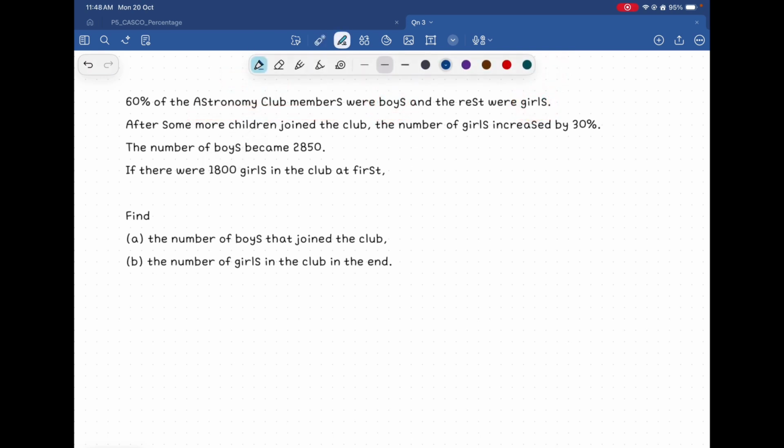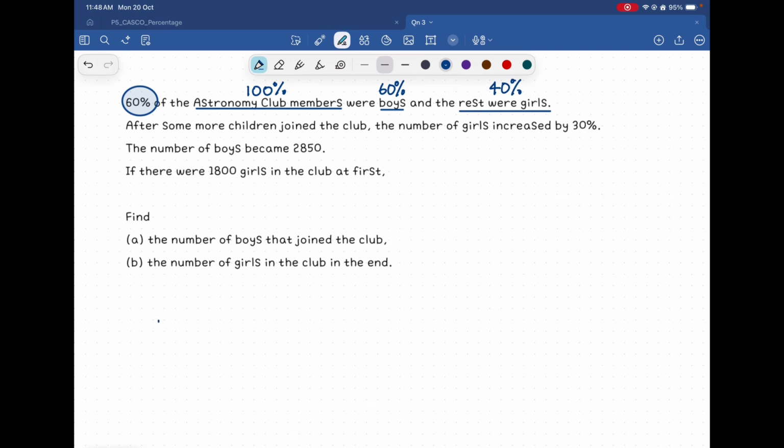Let's represent this information in the flowchart. So the club members mean 100%. This is boys, and as we calculated, there are 40% of girls. So the total number of club members is 100%. And how many students are there?